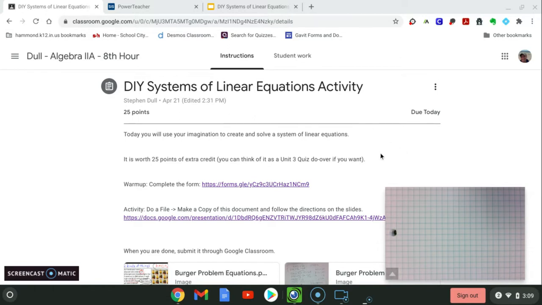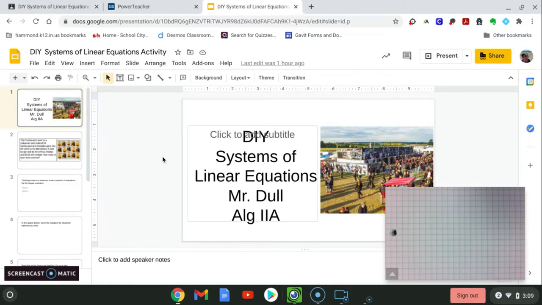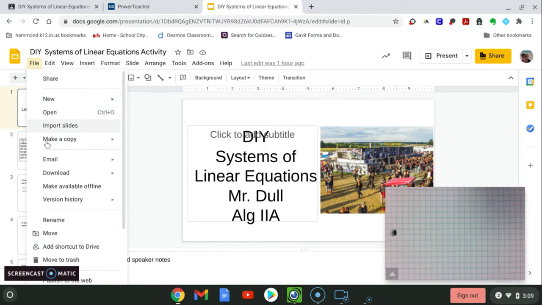And so where we started was you go to the assignment, right? And where it says activity, do a file, make a copy, go ahead and click on that link, and it's going to open up this file for you. Most of you by now, I think, are pretty familiar with how to do a file, make a copy. You go to the file menu, click down and make a copy, and then entire presentation.